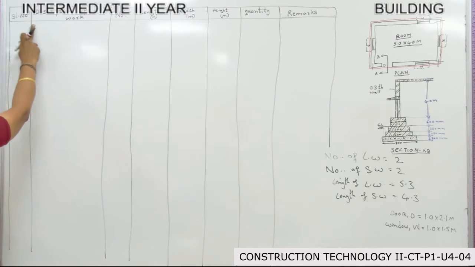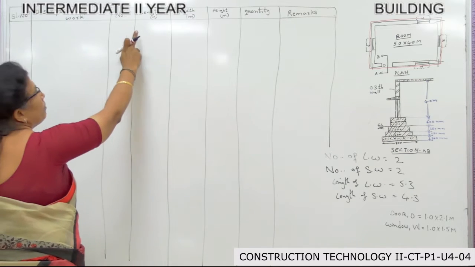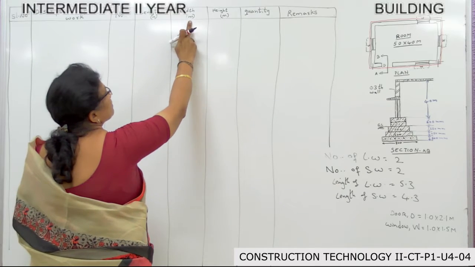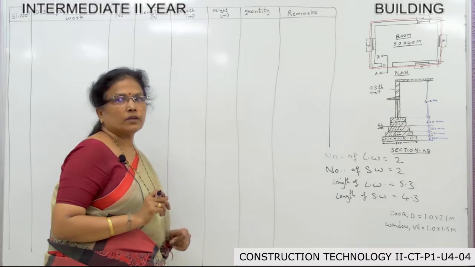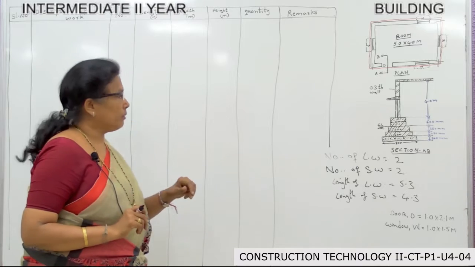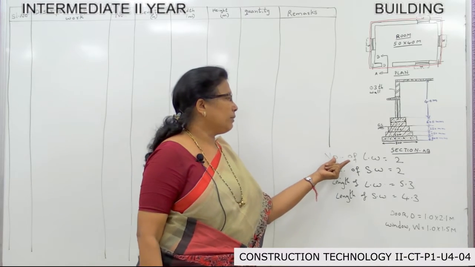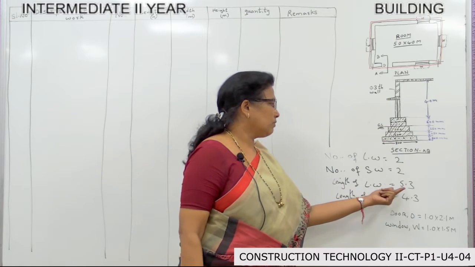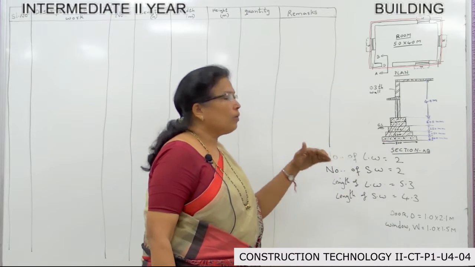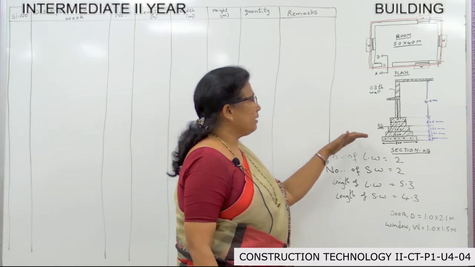This is the table we need to draw: serial number, description of work, number, length in meters, breadth in meters, height in meters, quantity and remarks. Now let us start the problem. First, number of long walls 2, short walls 2. I have explained the length of the long wall and the length of the short wall.